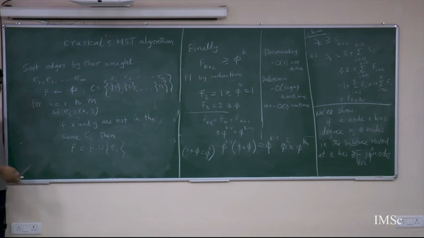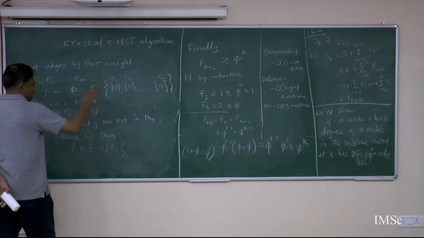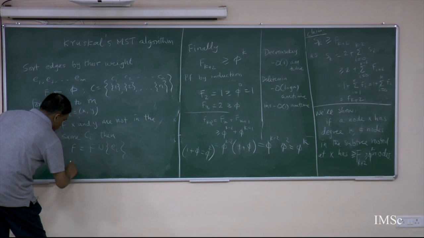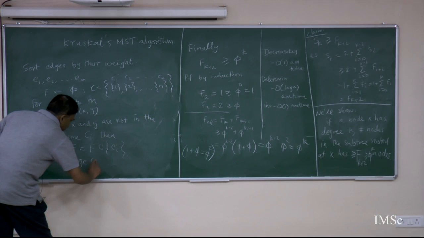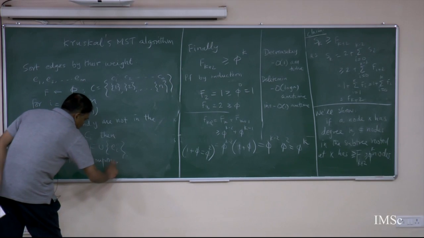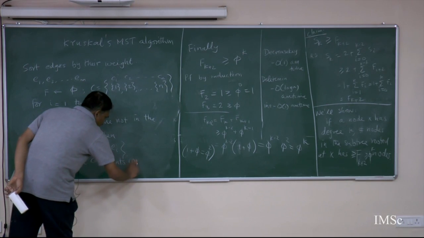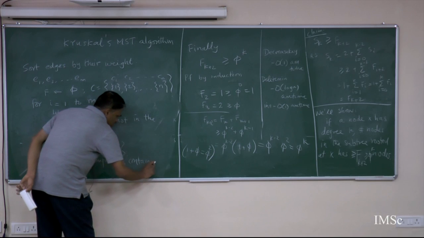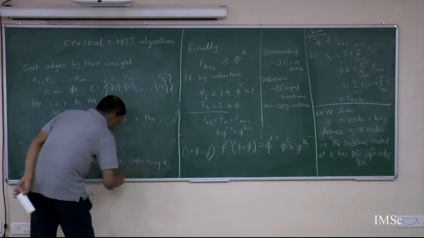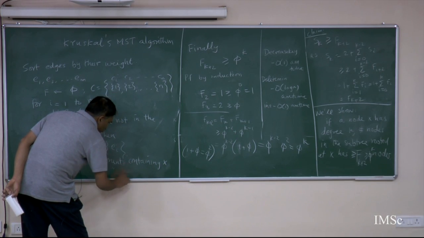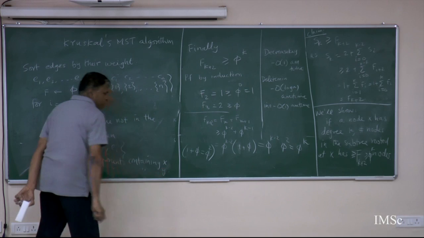What else do I have to do? x and y are in separate sets, so my collection C will change to merge the component containing x and the component containing y.